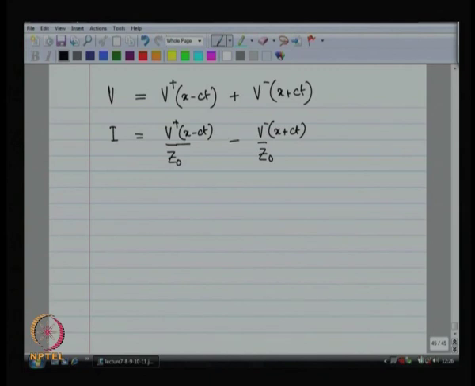However, when I say phasor, it really means that I need to multiply this by a factor of e power j omega t. Okay. So, at a frequency omega, this is what is going to happen, and here z naught is that complicated expression.